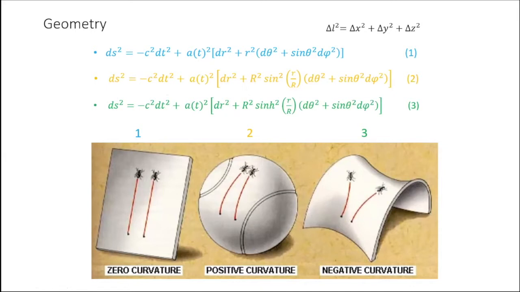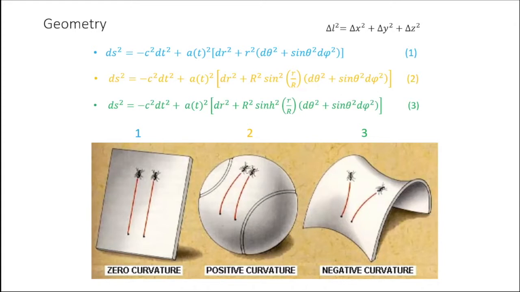Of course, a ball is a very, very limited view of a sphere. And then the next one is what we call an open space, a space with negative curvature, with the peculiarity being that you have distance that is going larger and larger as the two objects that you're measuring the distance between are also separating.